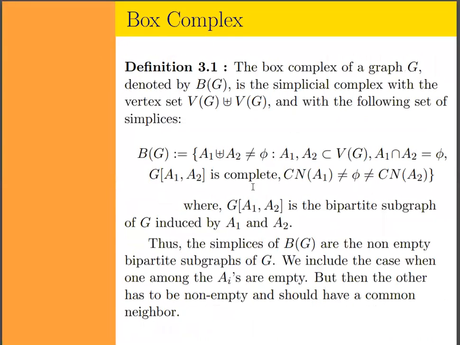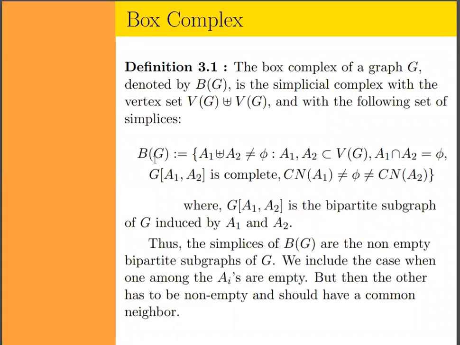So we start with the Box complex construction. Given a graph G, we can construct a simplicial Z2 complex B of G. The vertex set of it is V of G disjoint union V of G, so we take two copies of V of G and take their disjoint union.